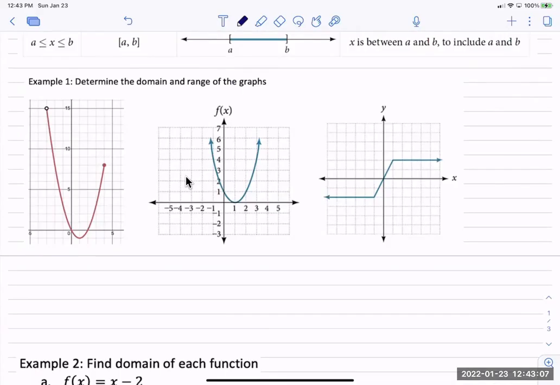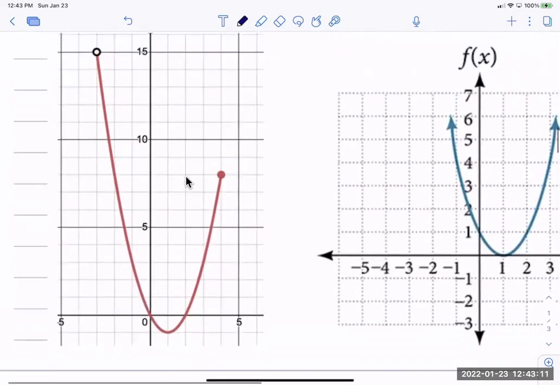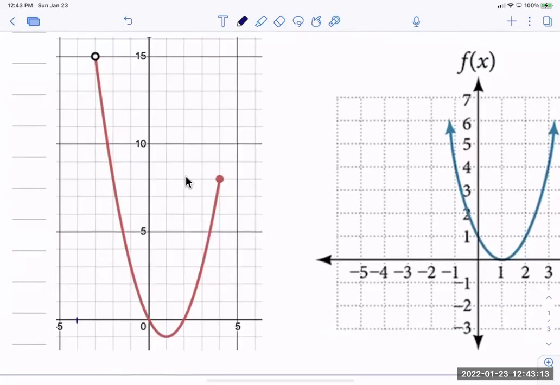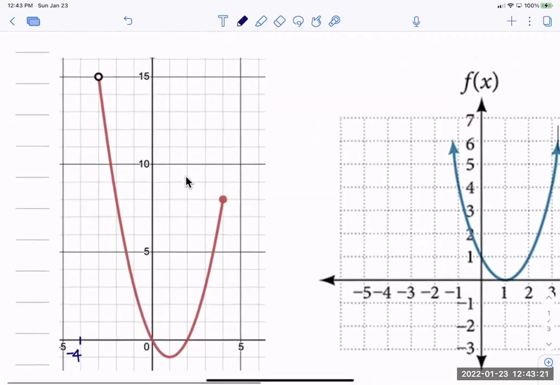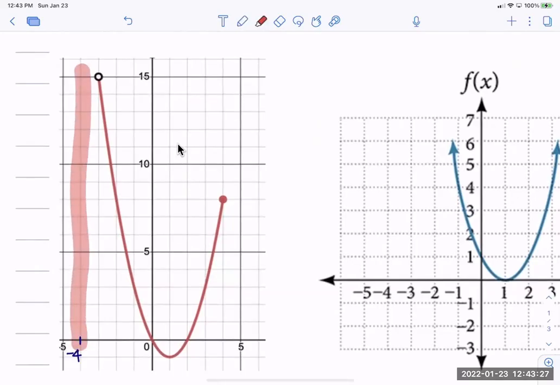So let me ask you, if I put my X value at -4, do I have an output value for -4? It means do I have a Y value for -4? I don't know. Let's check. If I map from -4 and go up here, am I touching my graph at all?